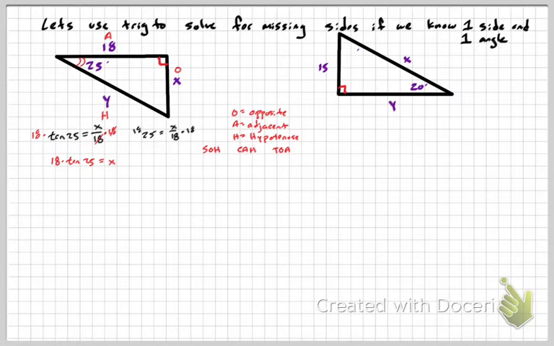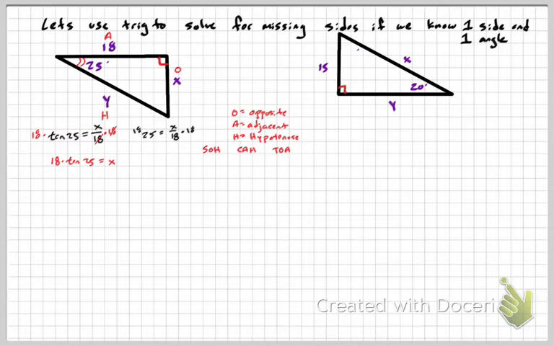And now is when we would use our calculator. Okay, so based on watching the video that you hopefully watched before this, you enter in your calculator 18 times, you press the tangent button, and make sure that you're in degrees. To figure out if you're in degrees, you have to go into the mode, because if you're in radians, it's not going to work. So 18 times the tangent of 25.